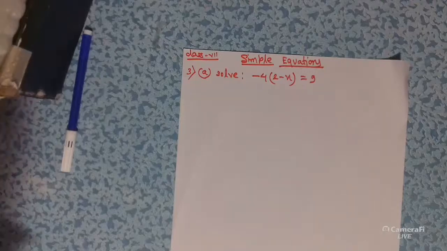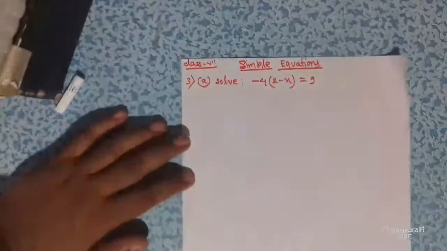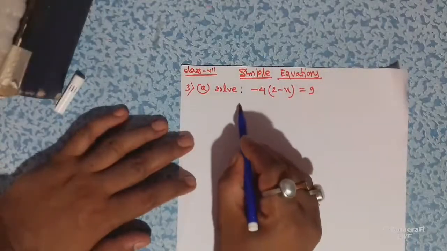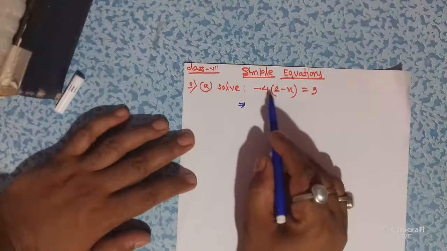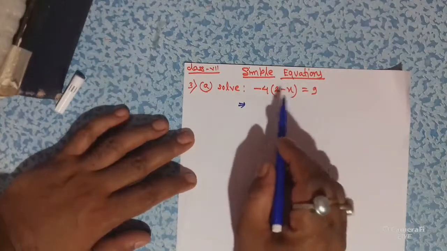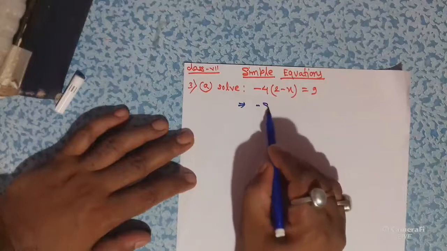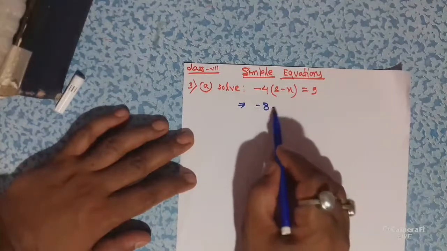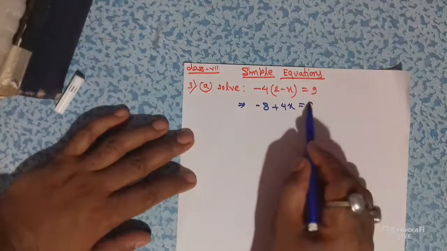Okay, so let's check what is the correct answer. So at first you have to multiply -4 with 2 and -4 with -x. So multiply -4 with 2 is -8 and minus into minus 4 into x is +4x is equals to 9.